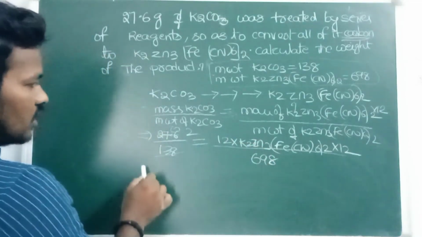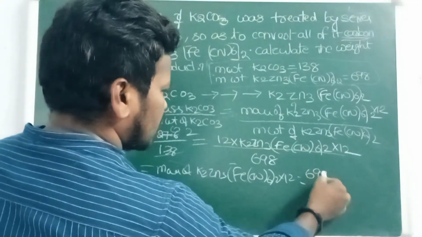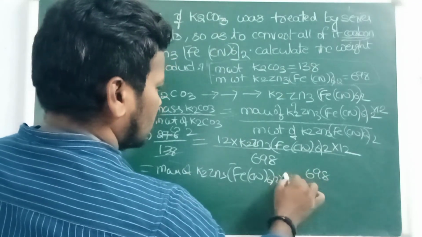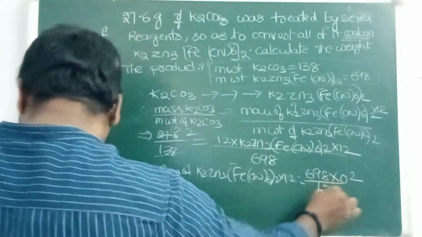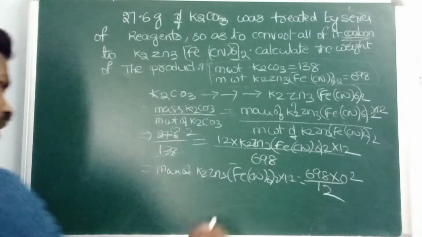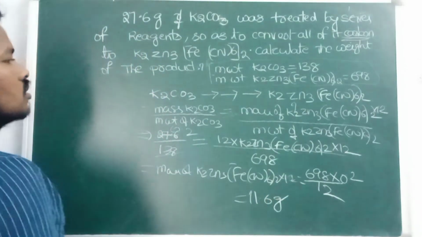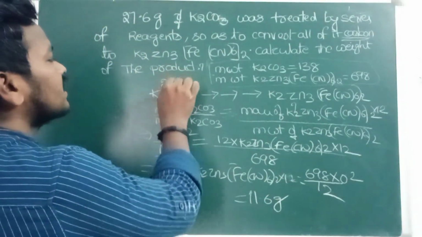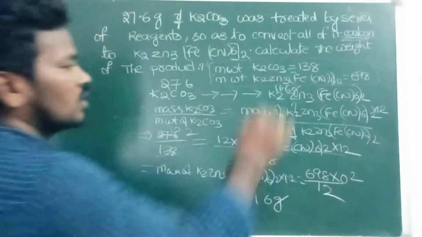So mass of the K2Zn3[Fe(CN)6]2, how will you do? If you do the cross multiplication, 698 into 0.2 upon the 12. So by doing that, you get 11.6 grams of the product. So this is 27.6. This is 11.6 grams of the product formed.